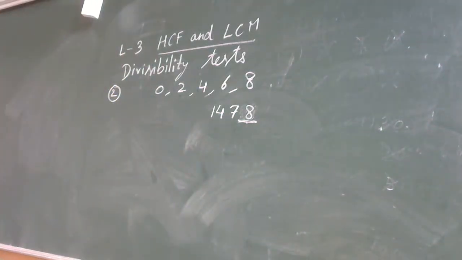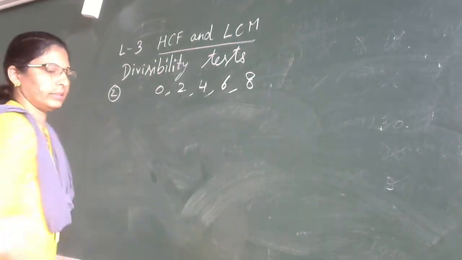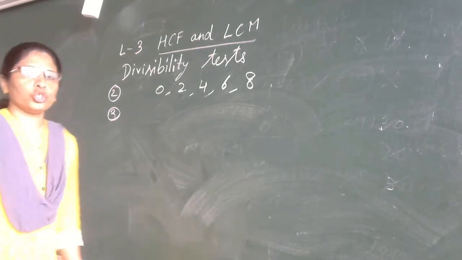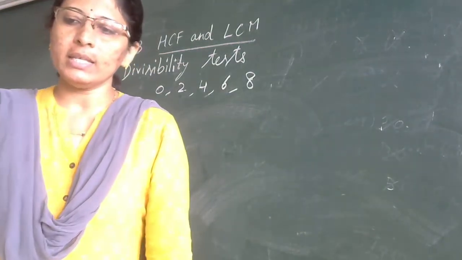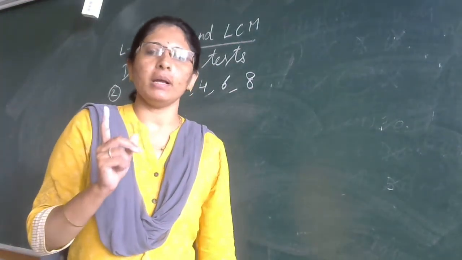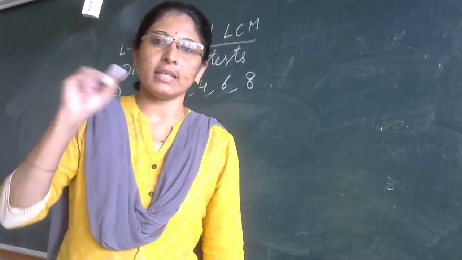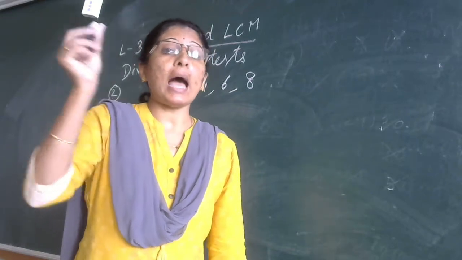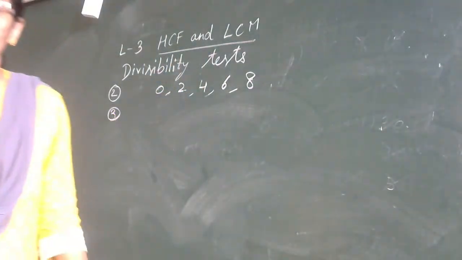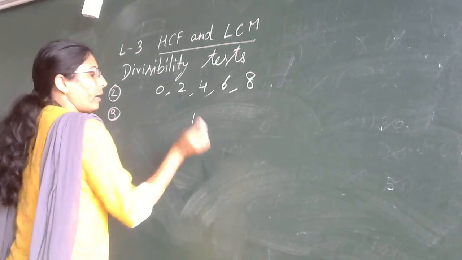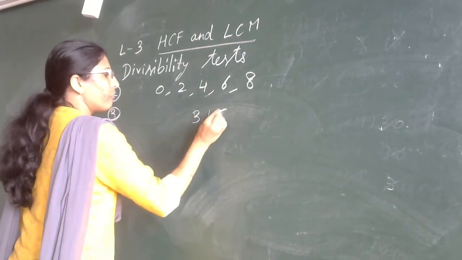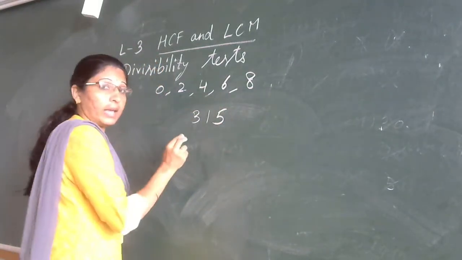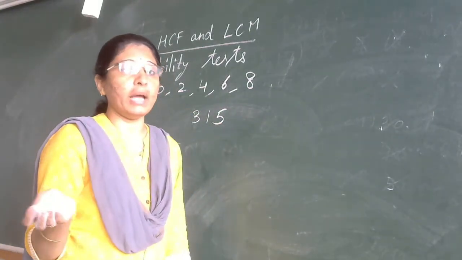Now next is divisibility by 3. A number is divisible by 3 if the sum of the digits is divisible by 3. Means when you add the digits. Now for example, 315, this is a number. We have to see it is divisible by 3 or not.